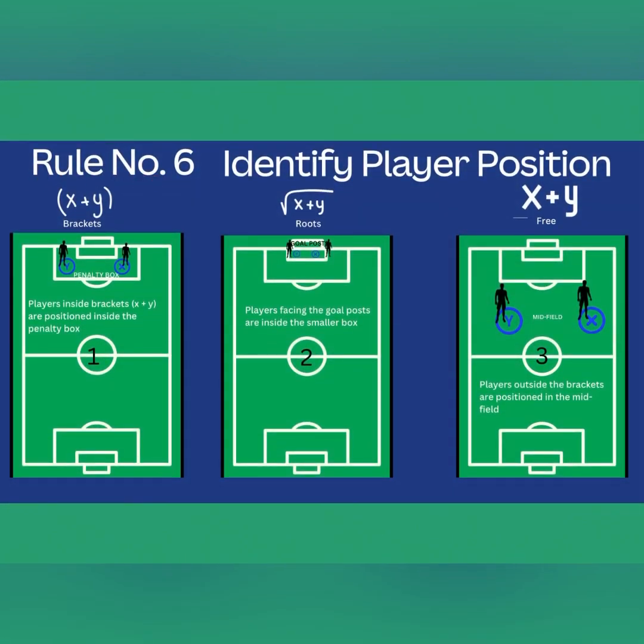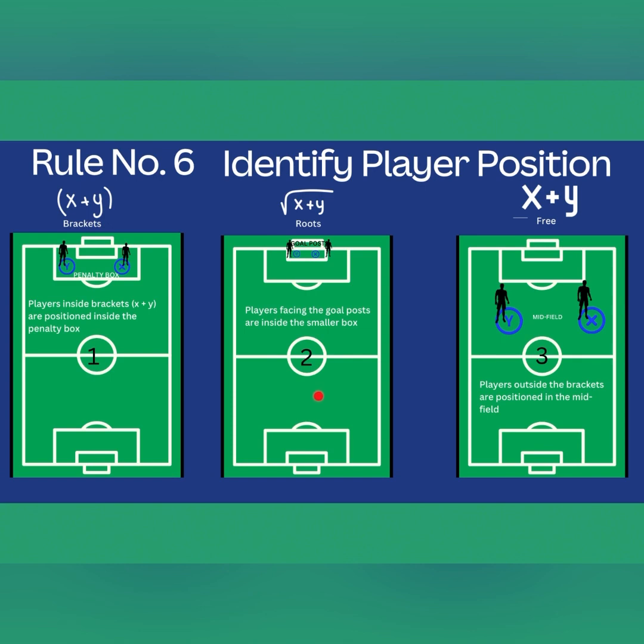Rule number 6, identify the player position. We have 3 positions on the soccer field. The first position is based on the brackets. When we have brackets and players inside, or variables or numbers inside the brackets, we say our players are inside the penalty box.